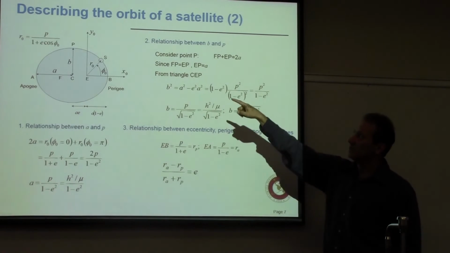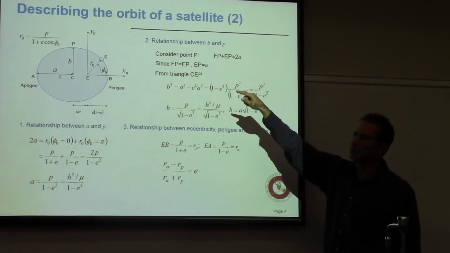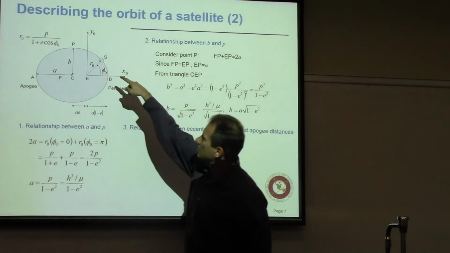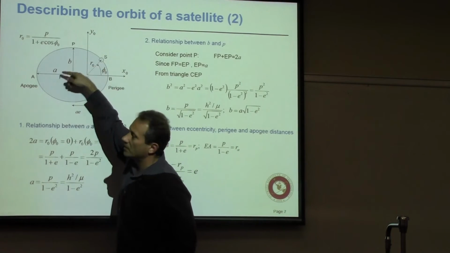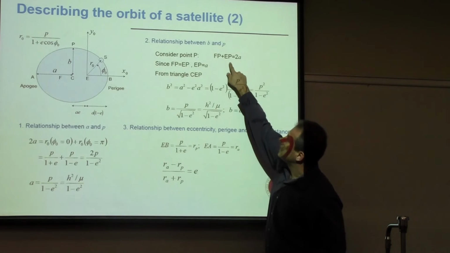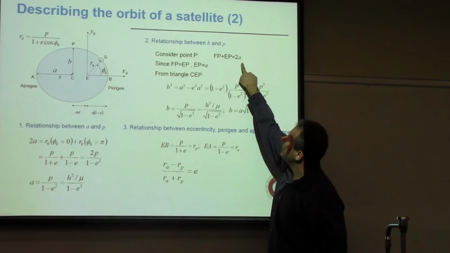Because the sum of the distance from any point on the ellipse to the two focal points is going to be 2A, and because this is in the middle between the two focal points, then these two distances are the same. So from here, FP plus EP has to be equal to 2A.